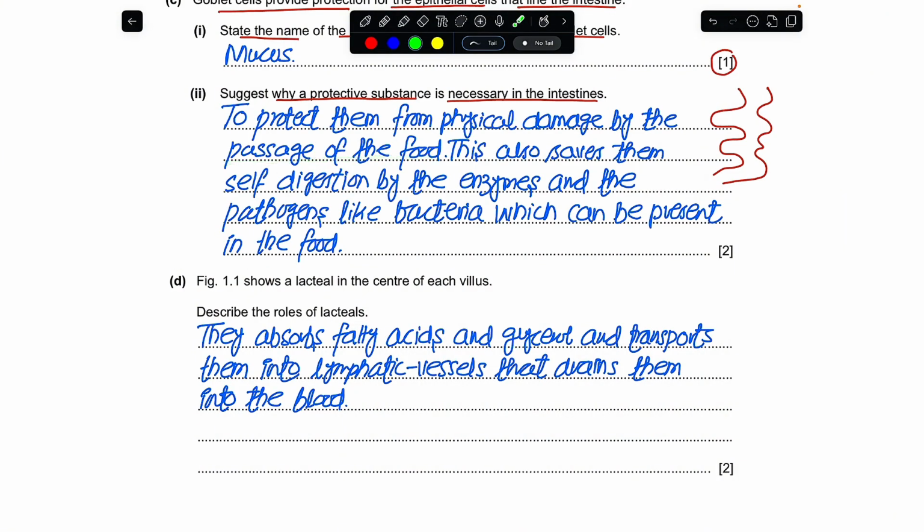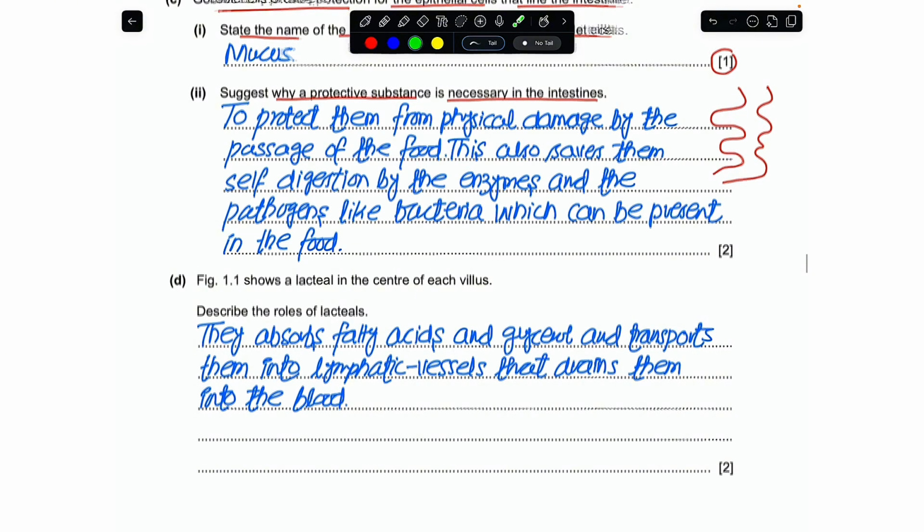Other than that, within the lumen of the small intestine there are enzymes, and I don't want these enzymes to start digesting the cells of the small intestine. So the mucus would prevent the self-digestion of the cells that are lying here. And last, there happens to be the presence of some pathogens within the food. When the mucus is available, those pathogens would have less chance to attach to the cells of the small intestines or to damage them.